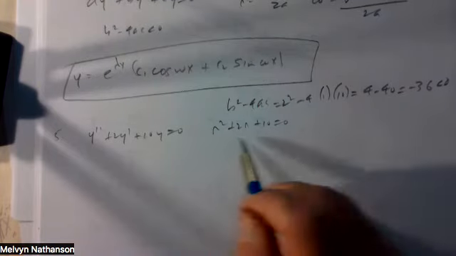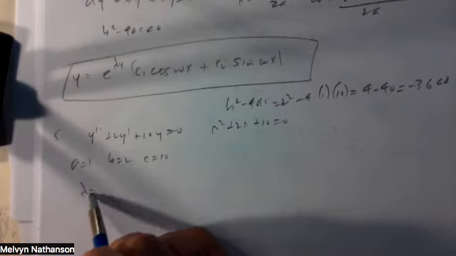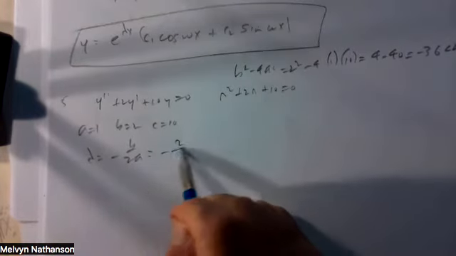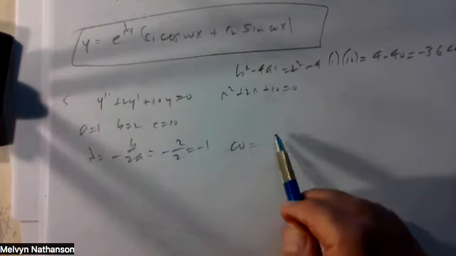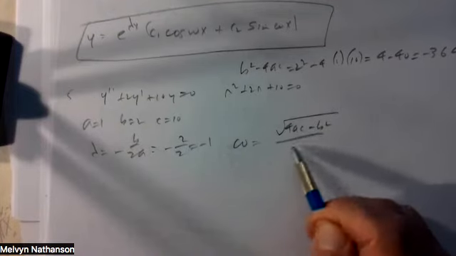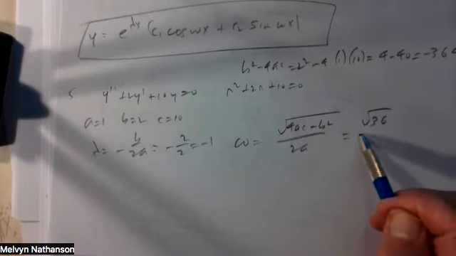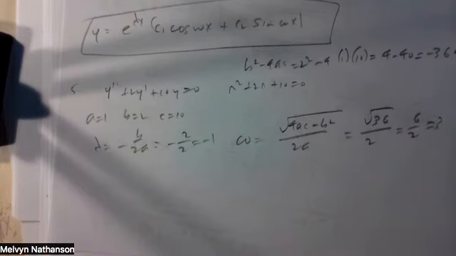So again, in this equation, a is 1, b is 2, c is 10. Lambda is -b/2a, which is -2/2, which is -1. Omega is the square root of (4ac - b²)/2a. 4ac - b² is 36, over 2, so 6 over 2 is 3.